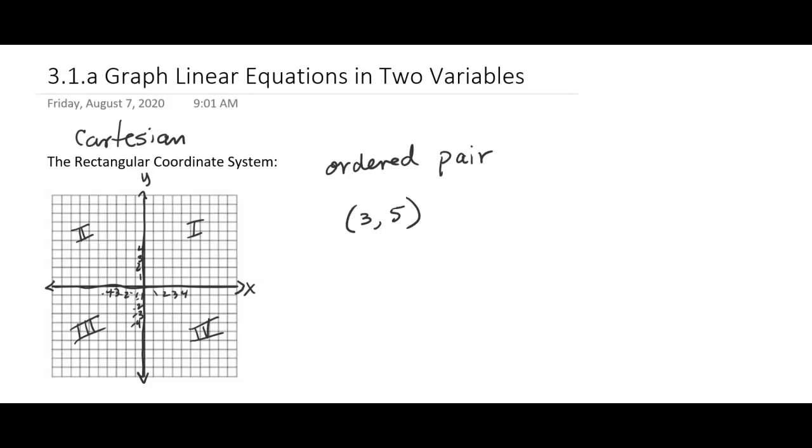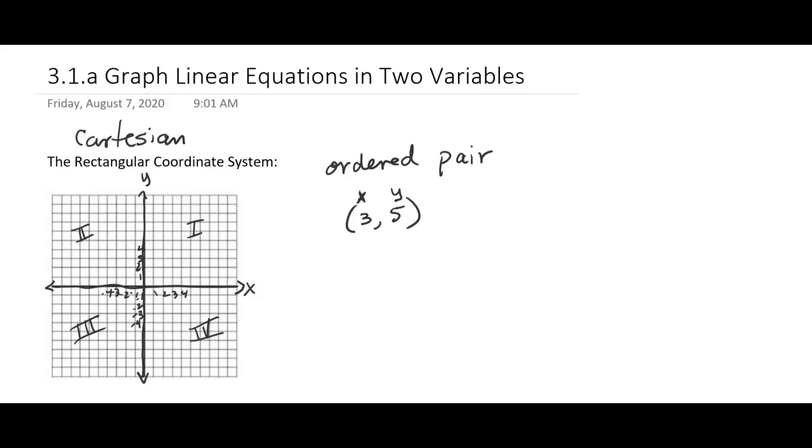The first coordinate, the first number, is called the abscissa, but nobody remembers that, but it's the x part. So that's how you move on the x-axis, and the second coordinate is how you move on the y-axis. It's called the ordinate, but nobody's going to remember that either.